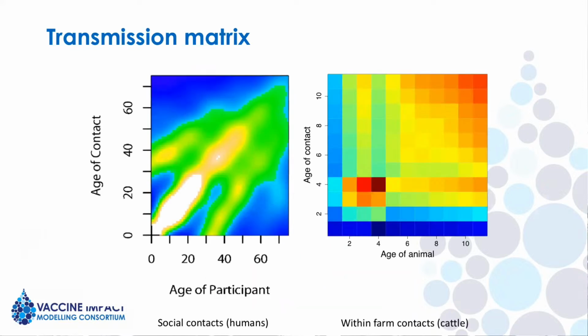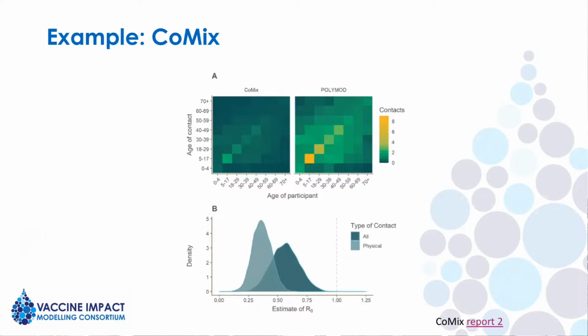This is the same thing, just not as granular, pre-COVID, and then with social distancing interventions in place. So our contact structure changed, and that meant that the estimates of key parameters in our models, depending on this contact structure, also changed.